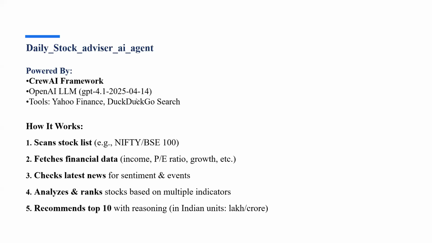And the same tools we were using: Yahoo Finance, which is the API which helps us to know the data regarding stocks, and DuckDuckGo search, which will help us to know the recent news articles. Now, how does it work?